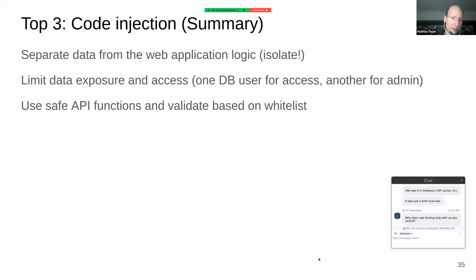And to summarize all these different types of code injection, you need to separate data from the web application logic. You need to isolate this. I need to make sure that you can separate the code from the data, use prepared statements, and limit the data exposure and access.